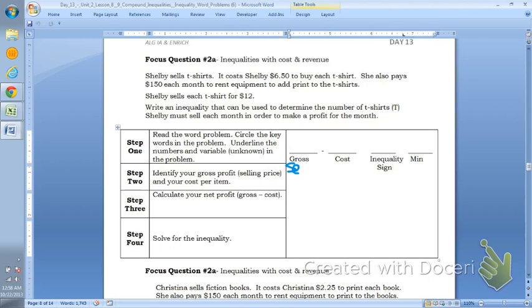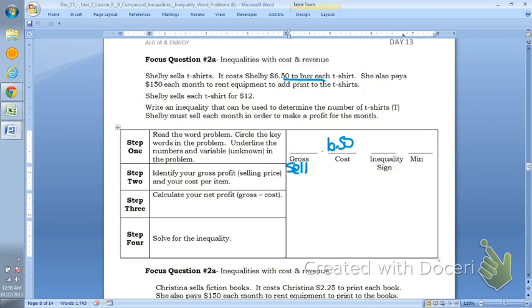Gross is, what are we selling it for? Well, let's see. This says she's buying each t-shirt for $6.50. It looks like she's putting a design on it. So that $6.50 that she buys each t-shirt for, that's actually her cost. She has to buy the shirts before she can sell them. So that $6.50 goes here, actually.